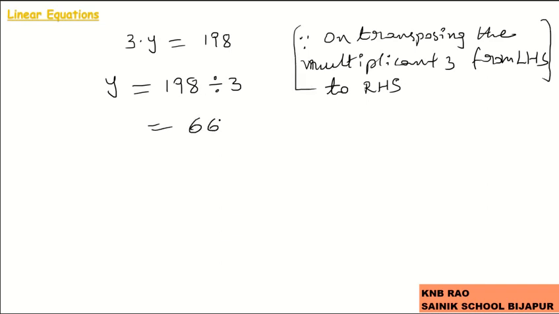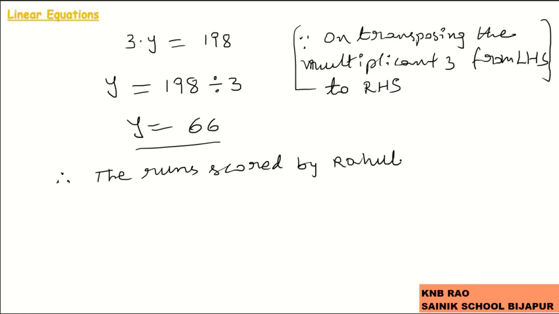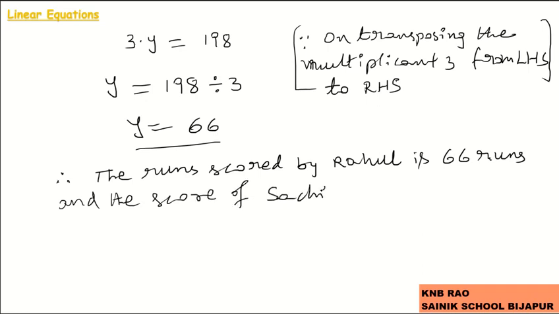On division, you have got y value as 66. Now, conclusion. Therefore, the runs scored by Rahul is 66 runs and the score of Sachin is double of 66 is 132 runs. This is the final conclusion.